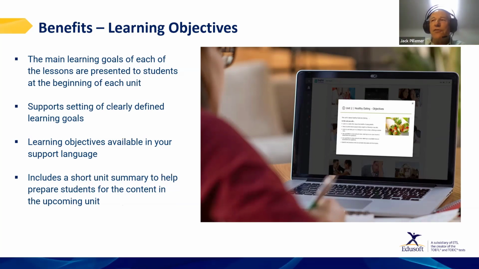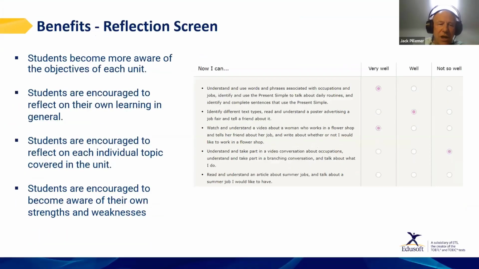And that is followed by, this is totally new for us, this reflection screen, which makes the student consider what they have done, what their weaknesses and strengths are. It takes them to the beginning where they started and they think, oh, well, I've gone through this process and I've done A, B, C, and D. Have I learned anything there?